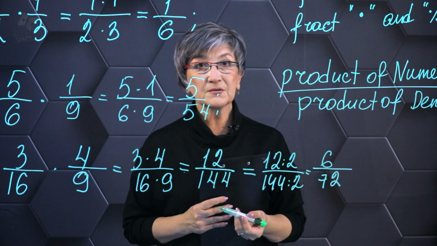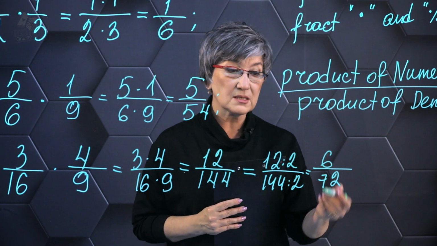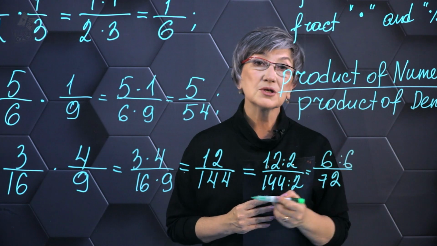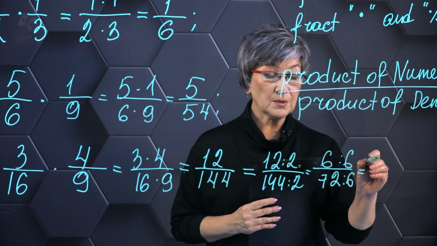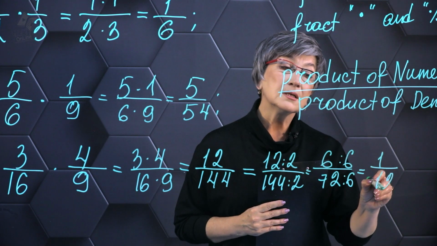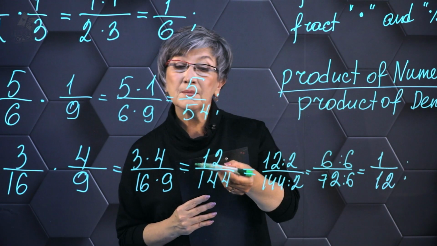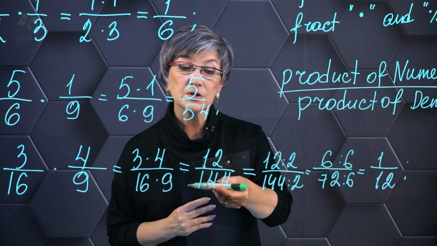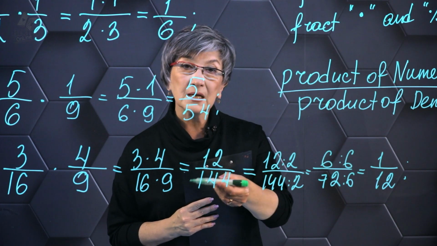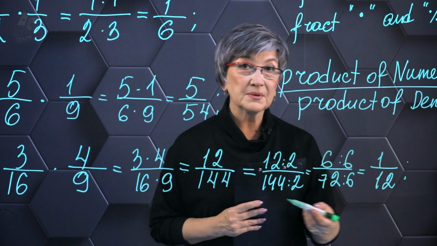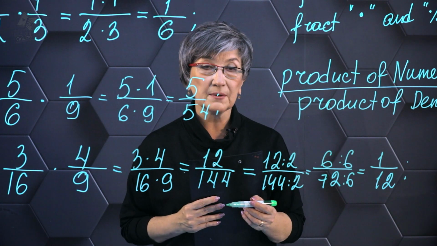But the 6/72 I can still reduce. I can immediately divide by 6 both the numerator and the denominator. The result is 1/12. Of course, I could immediately divide 12/144 by 12, both numerator and denominator, but if you do it consistently, it's not a mistake.